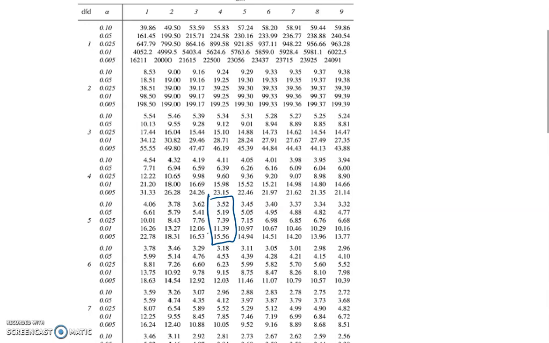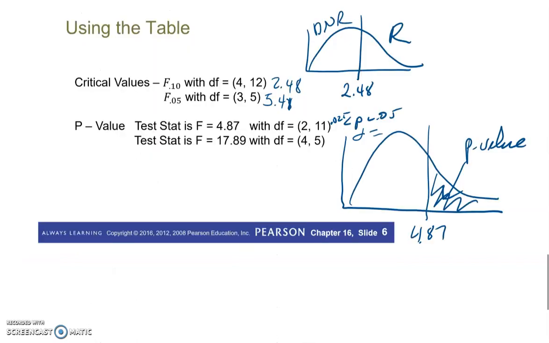So that means if you take a look, notice your areas are going down. So if your test stat is larger than the largest number in your group, that means your p-value is smaller than that smallest area. And in that case, we would have a p-value that is smaller than 0.005. And then again, you would look at your significance level, but this p-value is so small, you would clearly be rejecting.